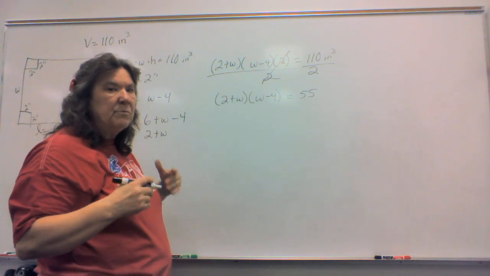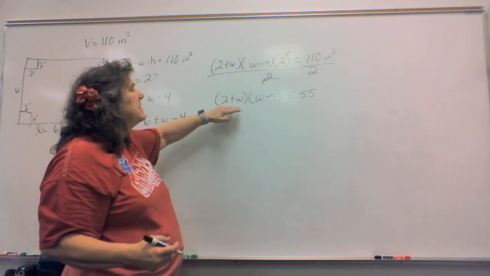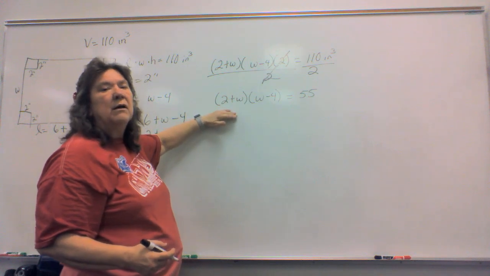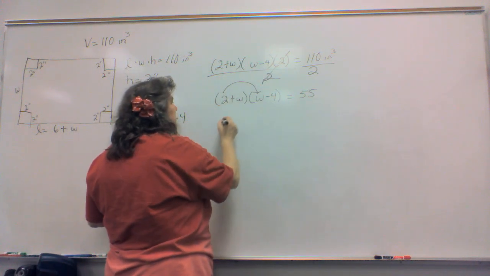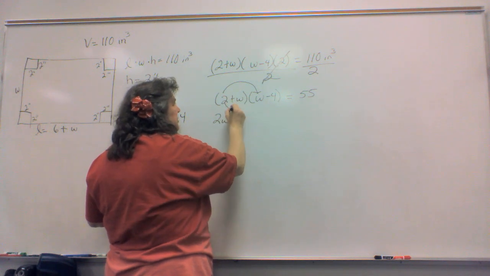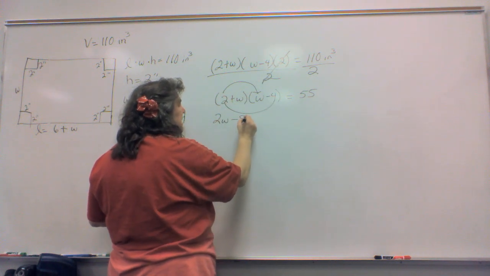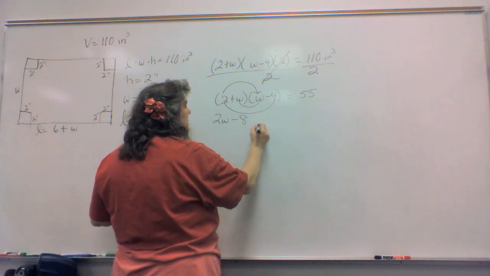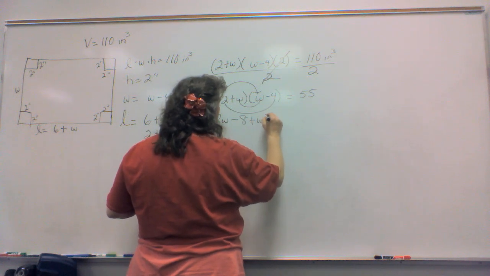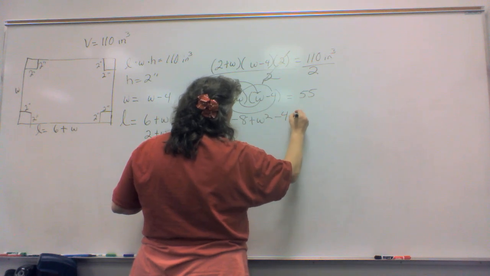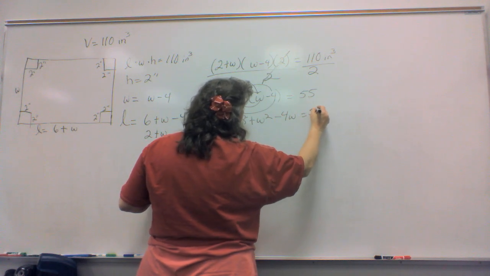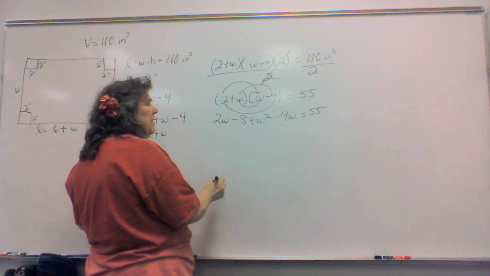Now, before I can put it equal to 0, this has to be multiplied with your FOIL. So 2 times W is 2W. 2 times negative 4 is minus 8. W times W is plus W squared. And W times negative 4 is minus 4W, equal to 55. Now let's simplify.